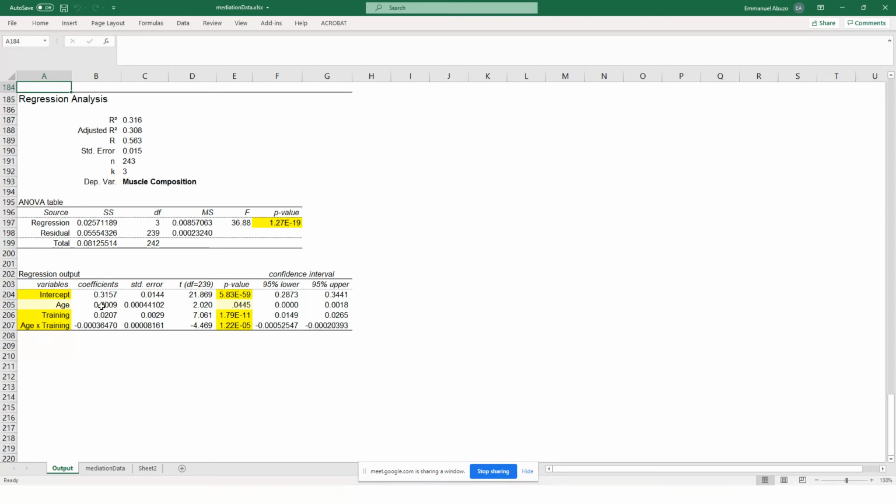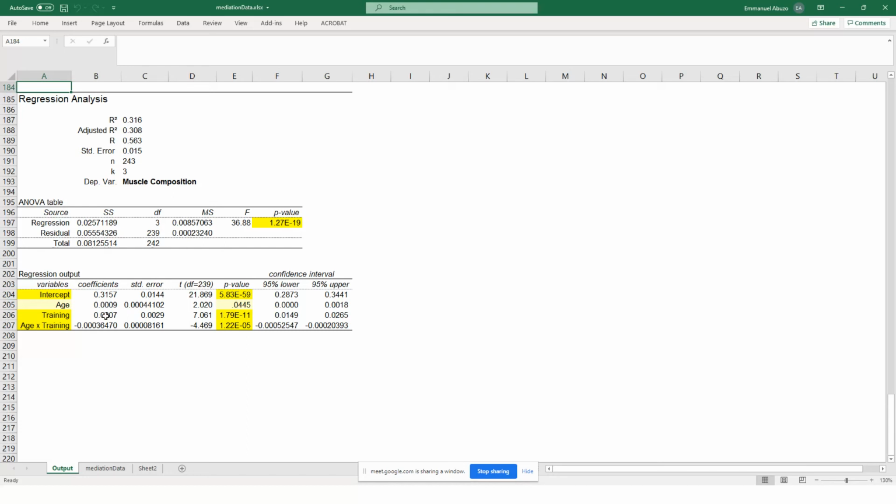So here in this analysis, since we can see that the age is a moderator, the age is positively related to the muscle percentage.